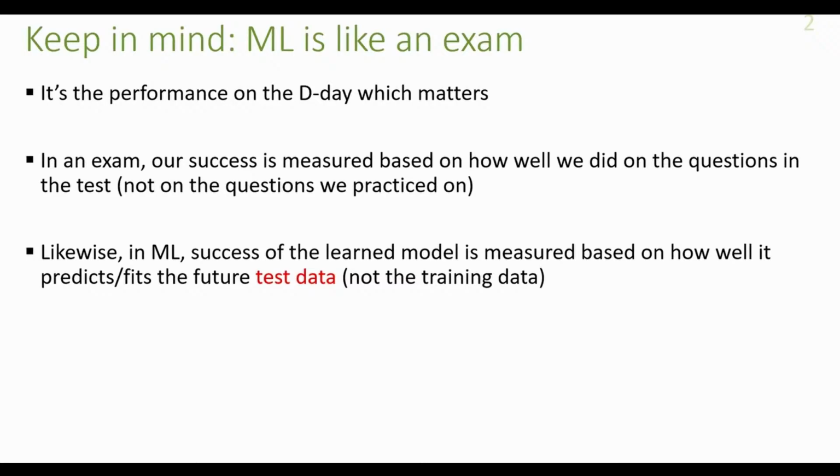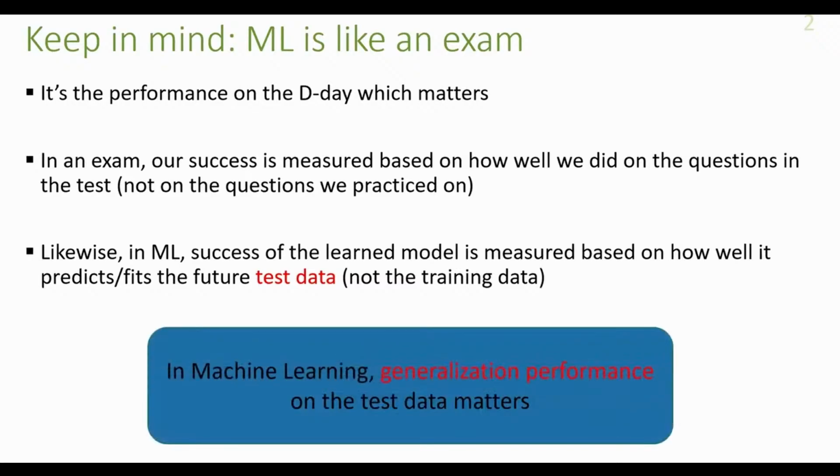So here there are two types of accuracy: the training accuracy and the test accuracy. Test accuracy means the future data. Training accuracy means the accuracy that we get over the data that we use to train our model.